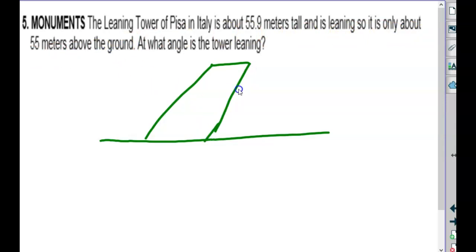So this side, when they built it, was 55.9 long, but right now it's leaning enough that it's only 55 above the ground. Is that making sense? Okay, at what angle is the tower leaning? So what angle do I want to find?